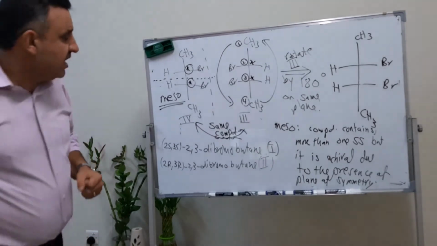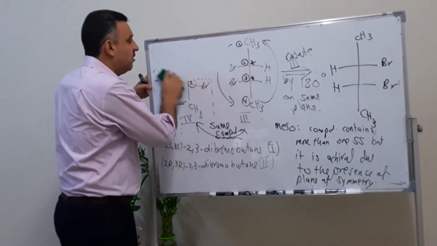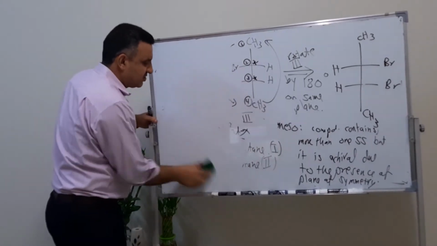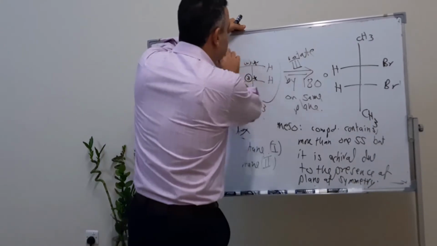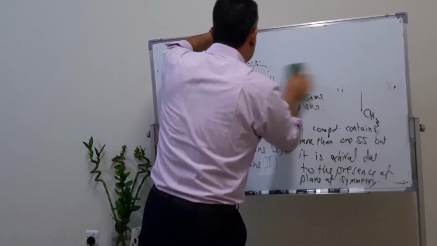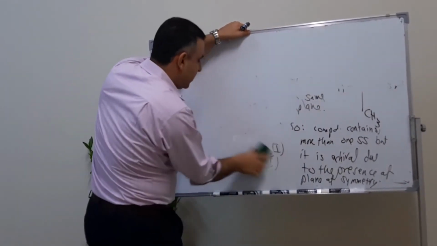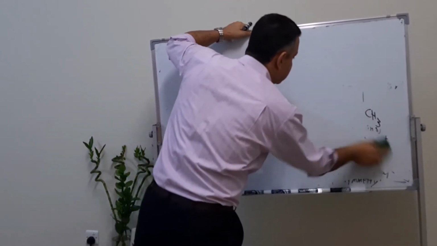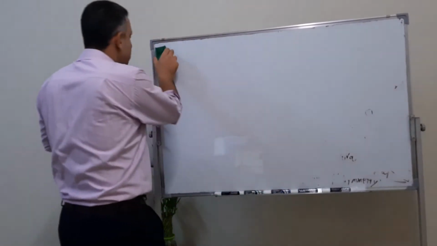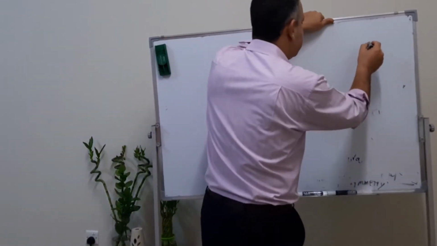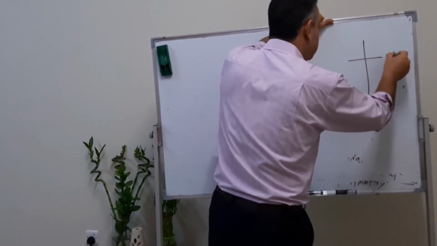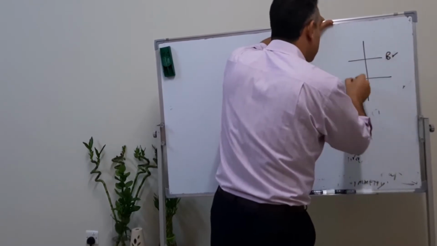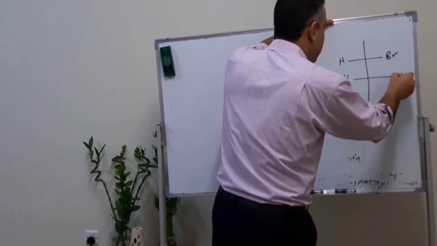All right, perfect. So let's get back to our whole example, what we have discussed so far. Our example was 2,3-dibromobutane, and we were trying to identify all possible stereoisomers of this compound. The first stereoisomer was this Br, hydrogen, methyl.